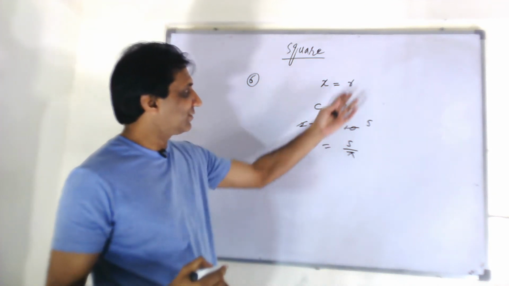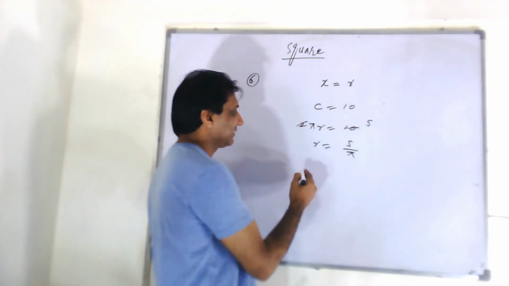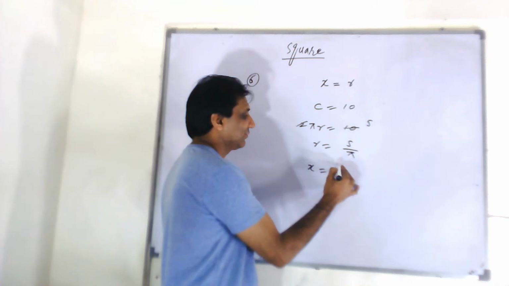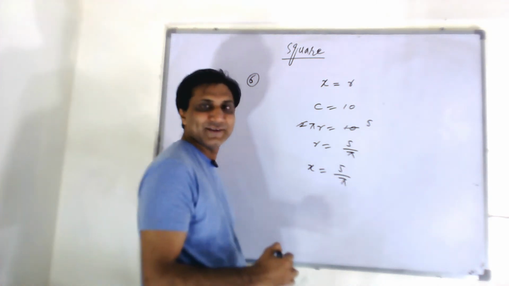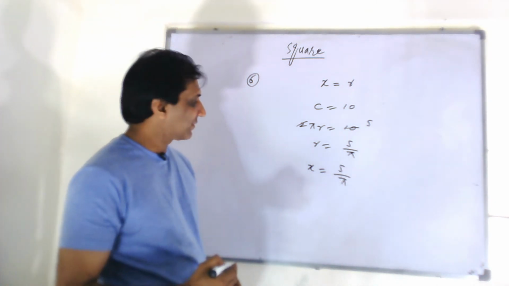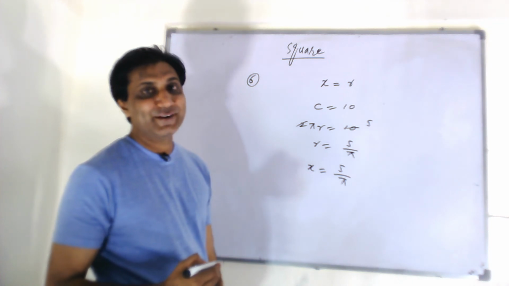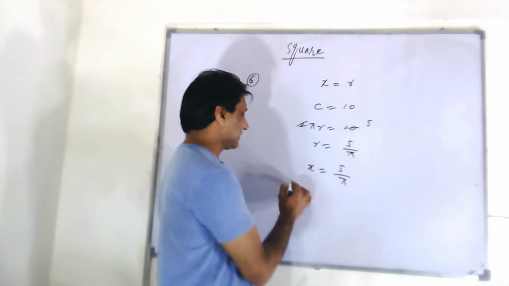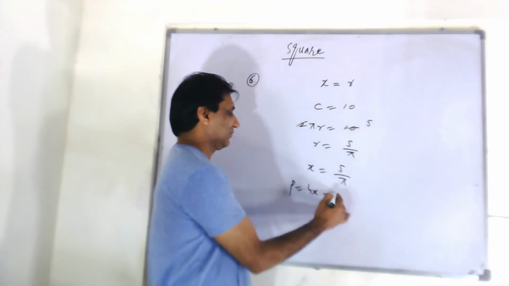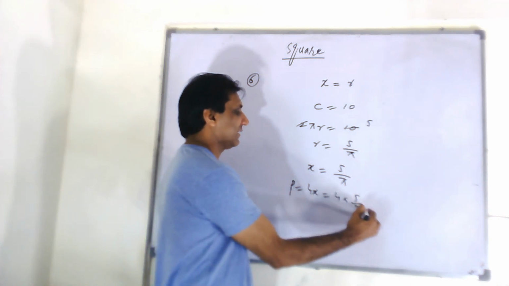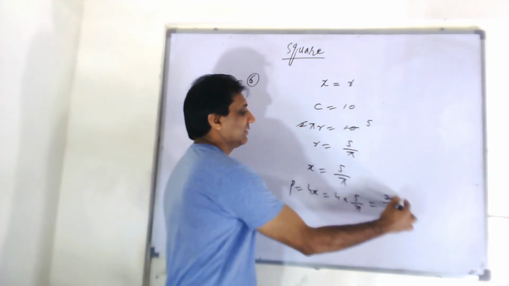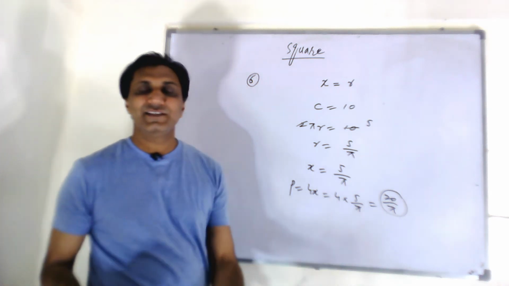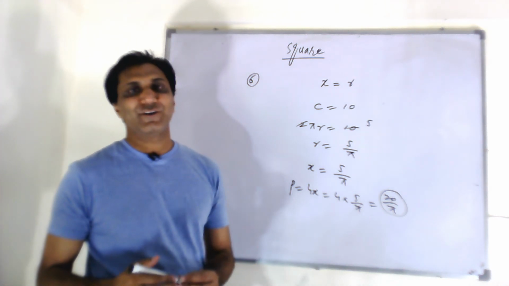This is radius, so radius is actually side, that is x is equal to 5 over pi. So the perimeter of the square, that is 4x, 4 times 5 over pi, 20 over pi is the perimeter of the square.